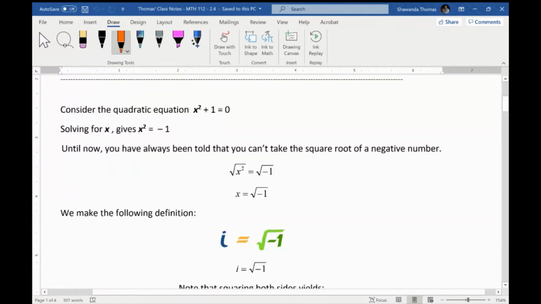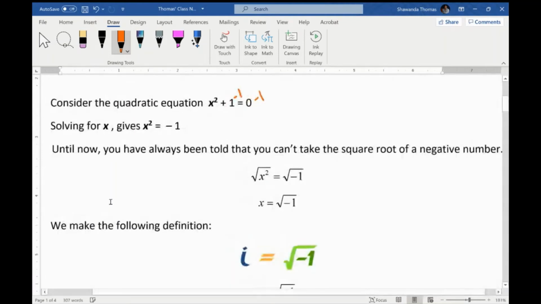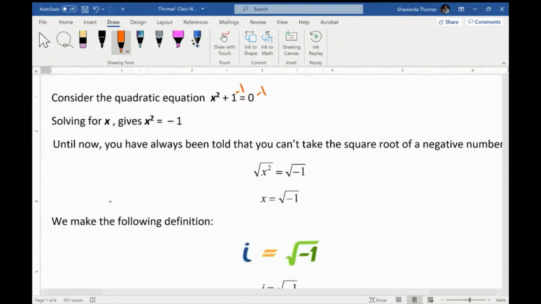So let me do that. Subtract 1 from both sides like this. And so that's why you get this step right here: x squared equals -1. But we haven't solved for x yet because it's still x squared. Then what would you have to do after that?